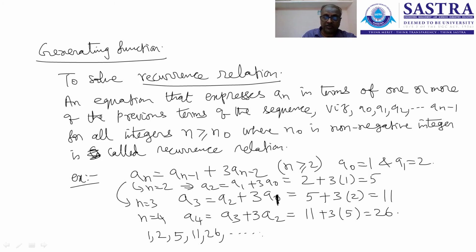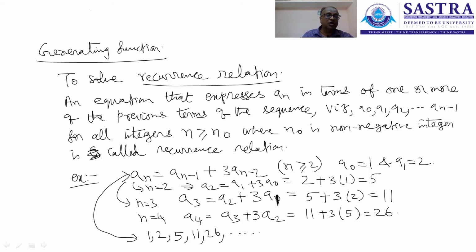So this would be the sequence, and this sequence is represented by this recurrence relation. Using this you can find the solution to any general recurrence relation using the generating function. So that is the idea behind this.